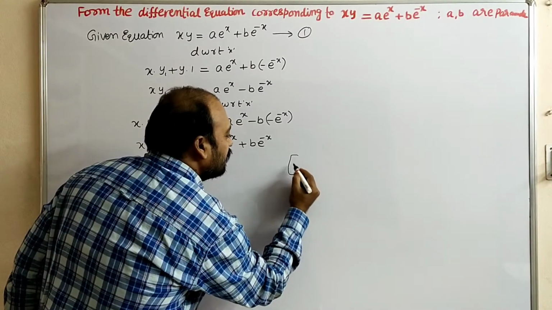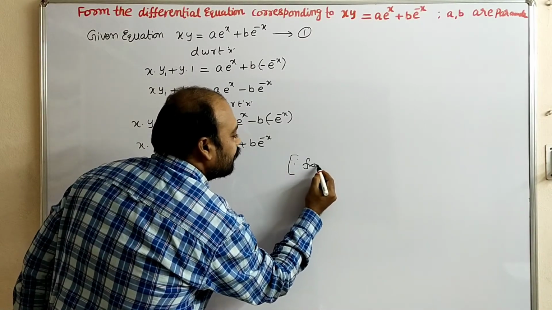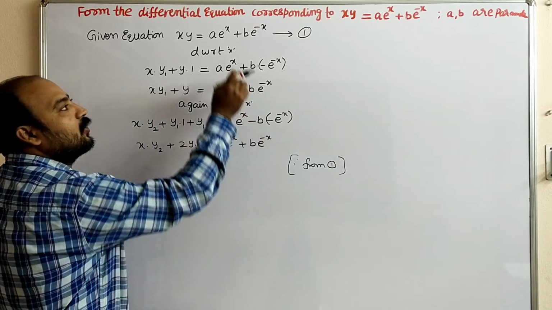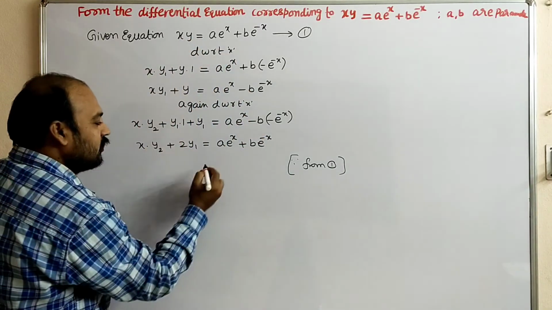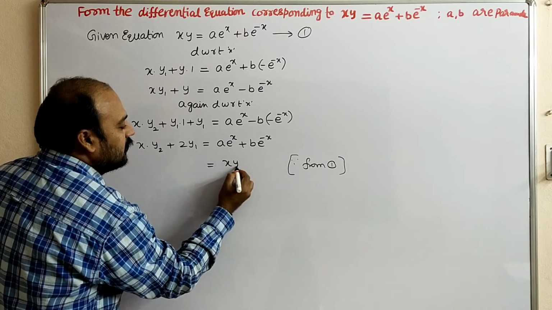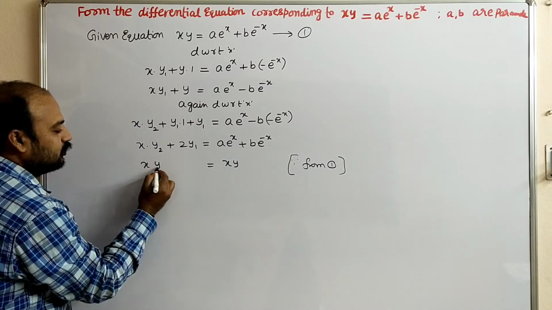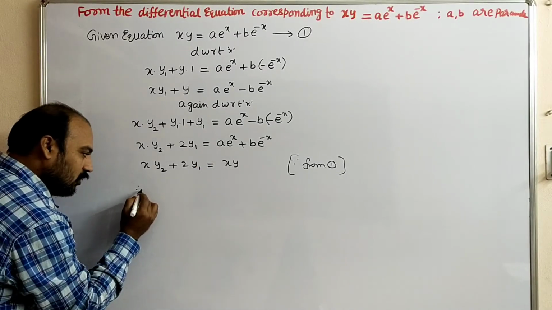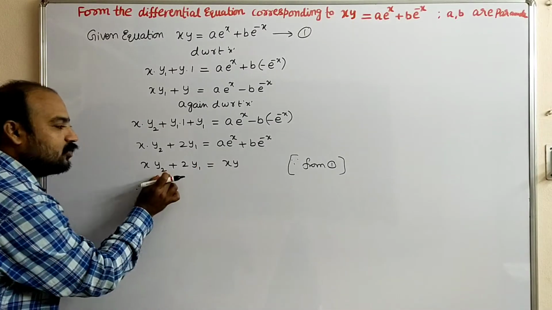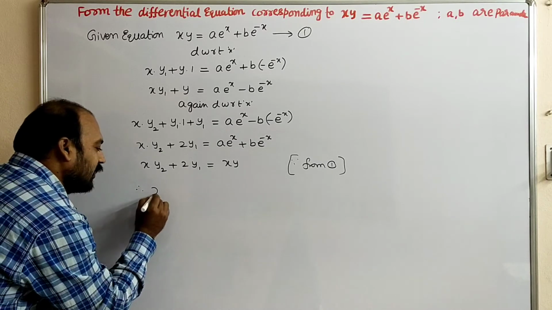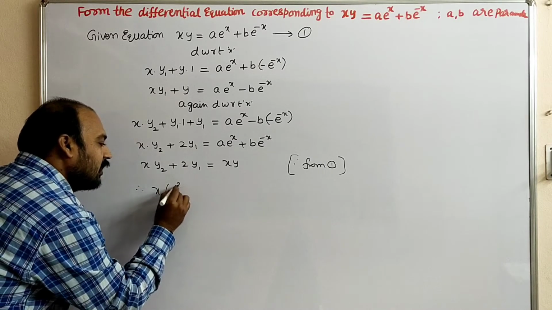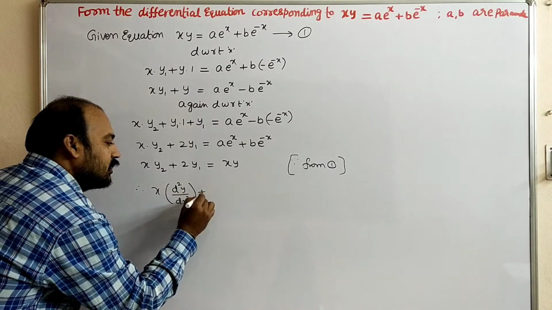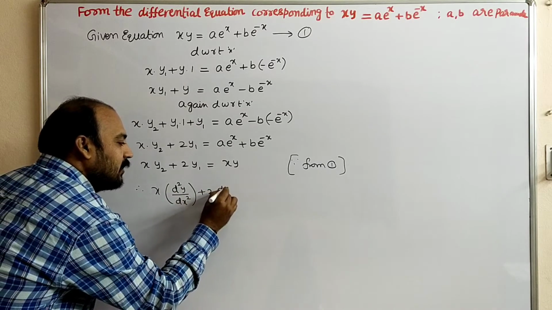Since from equation 1, in place of a e^x + b e^(-x), we have to replace with xy. So x y2 + 2 y1 = xy. Therefore, wherever y2 is there, we can write d square y by dx square. So x d²y/dx² plus 2 into y1, meaning dy/dx.